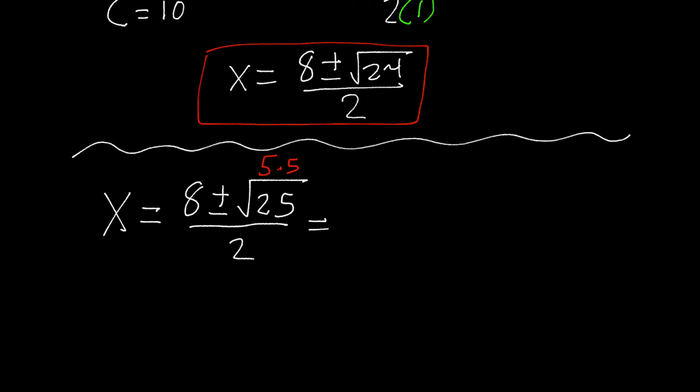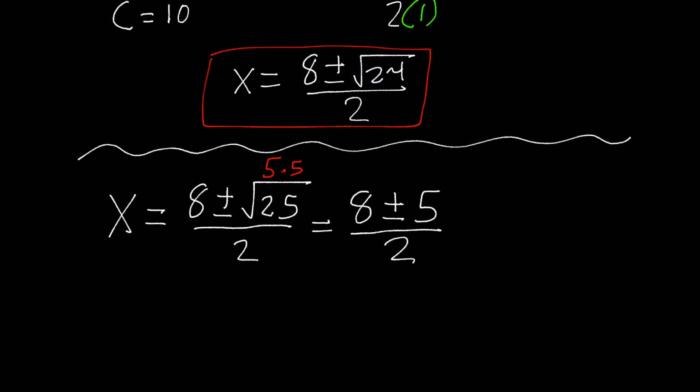And I would say that x equals 8 plus or minus 5 divided by 2. And now, because this was a perfect square and we could take the square root, we actually have to evaluate the plus or the minus. Otherwise, we didn't truly get our answer all the way as simple as it could be.